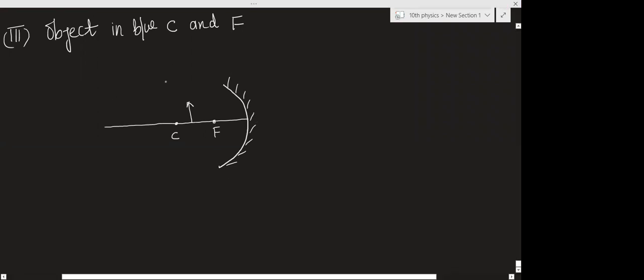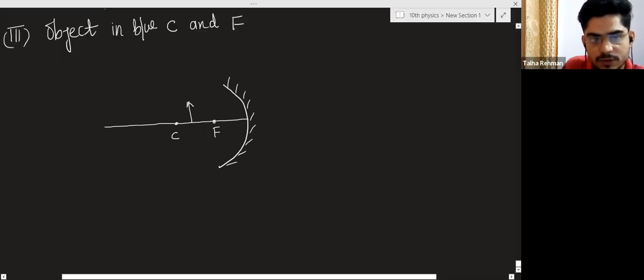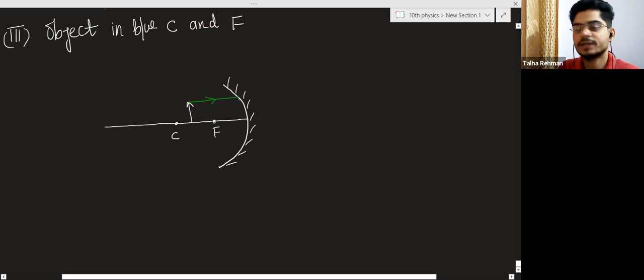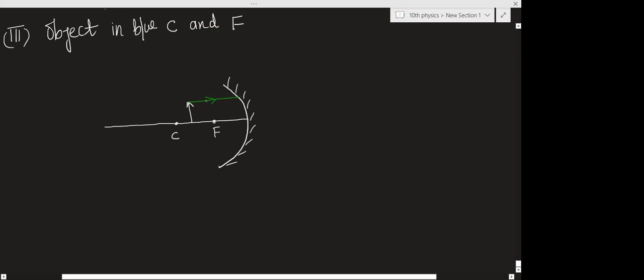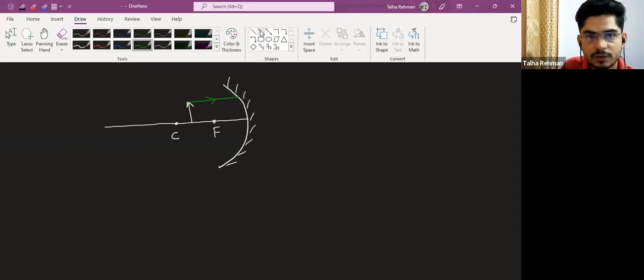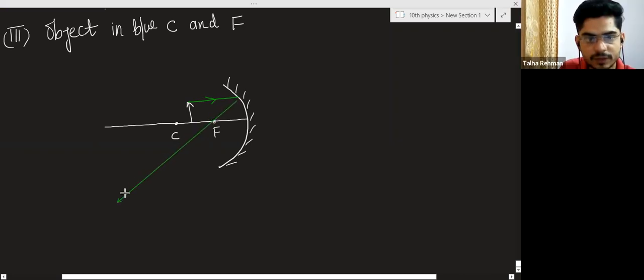So from here, suppose from this object a ray of light is incident on the concave mirror like this, and if the ray is like this, which is parallel to the principal axis, it will pass from the focus after reflection.